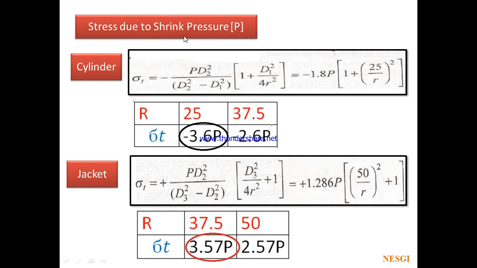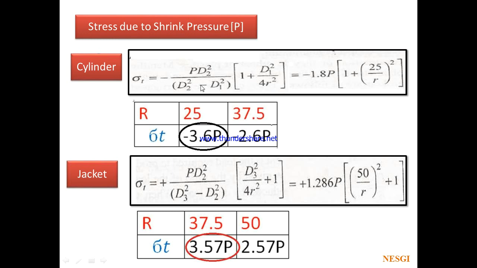And next, stress due to shrinkage pressure. So tangential stress for cylinder and jacket is different due to the shrinkage pressure. You need to keep in mind the change in these two formulas. So sigma T is equal to P into D2 square upon D2 square minus D1 square into bracket 1 plus D1 square by 4R square.